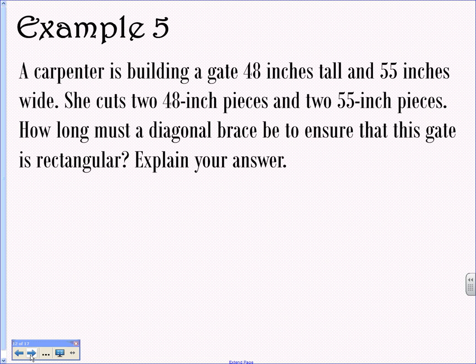All right. How long does your diagonal brace have to be? 73? Using Pythagorean theorem? Does that make sense? Okay.